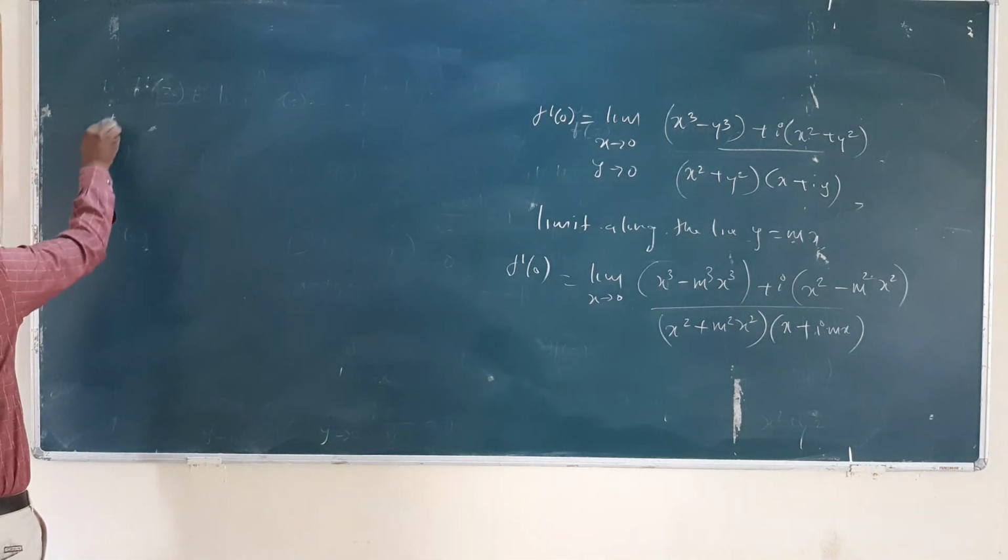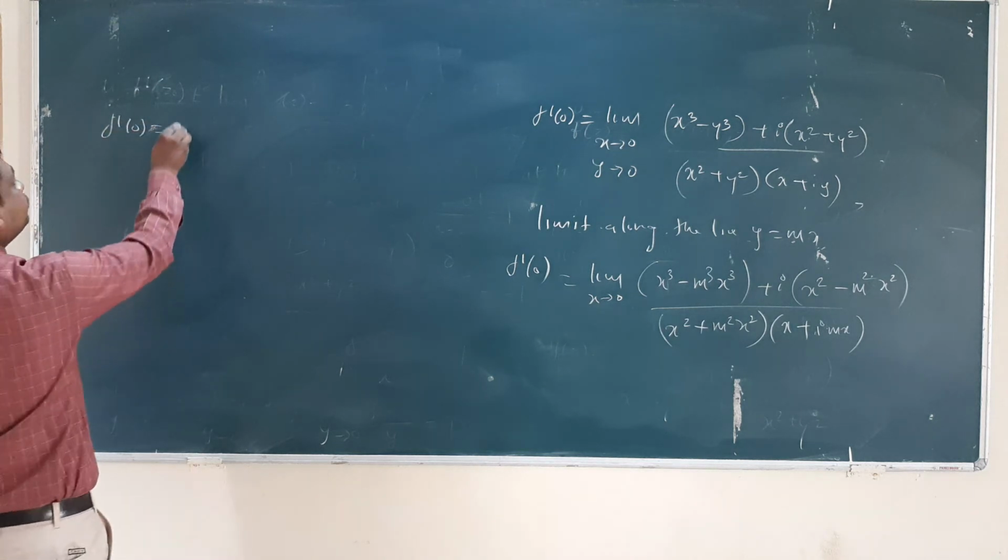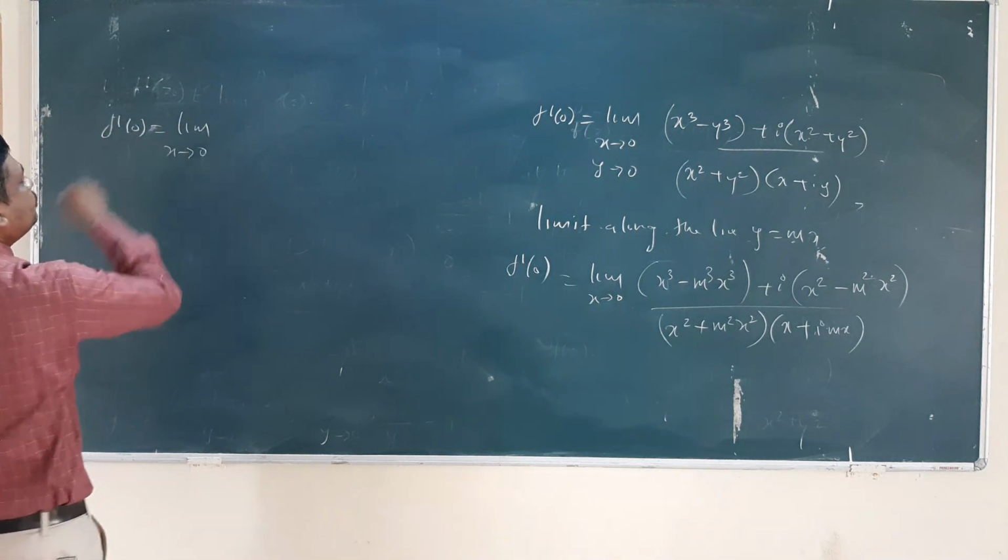Therefore, f dash of 0 is equal to limit of x tends to 0.